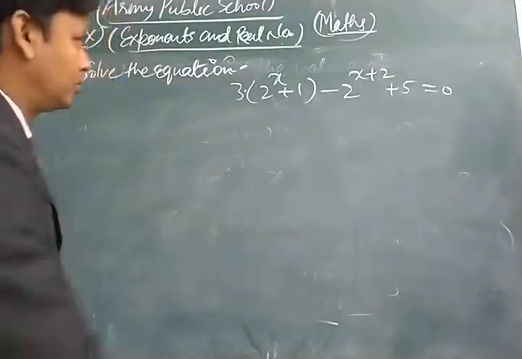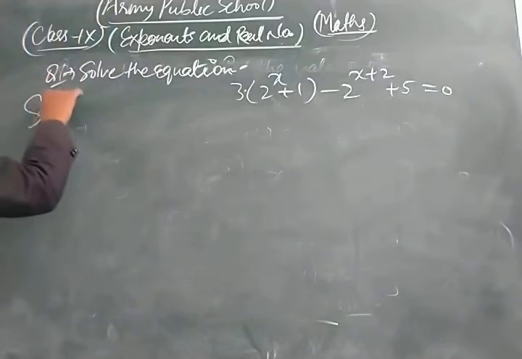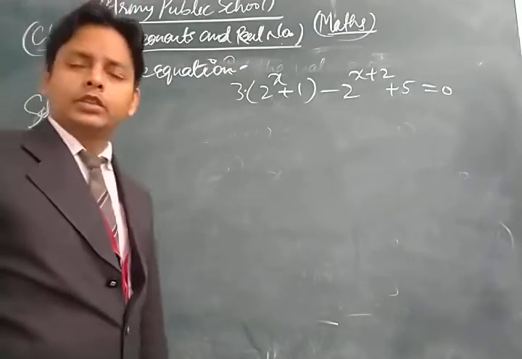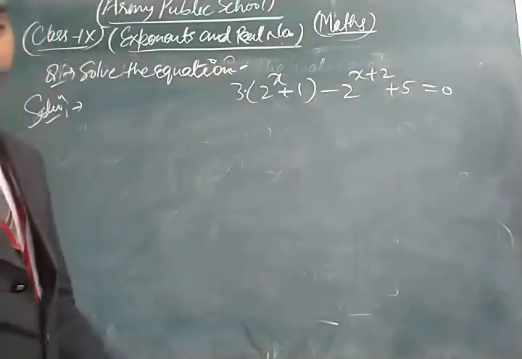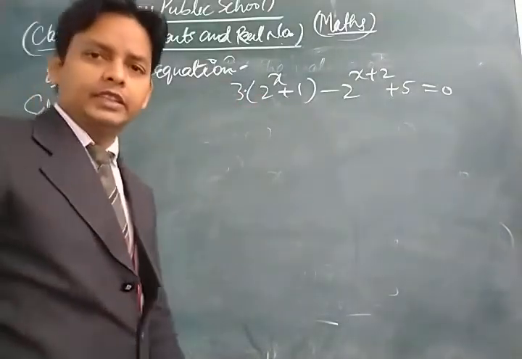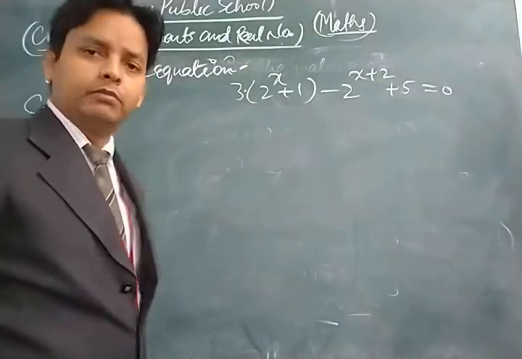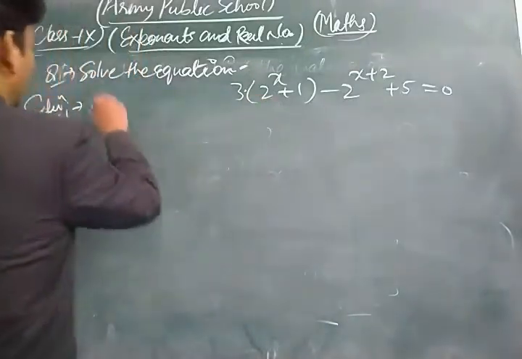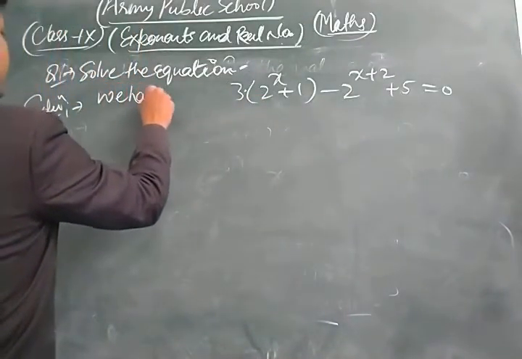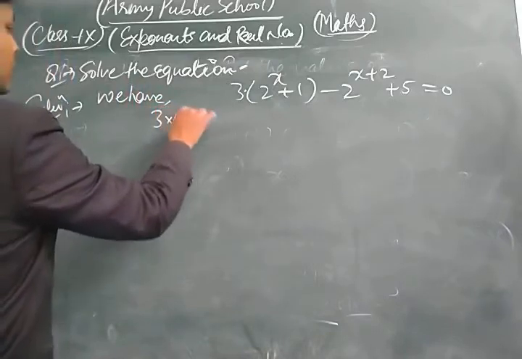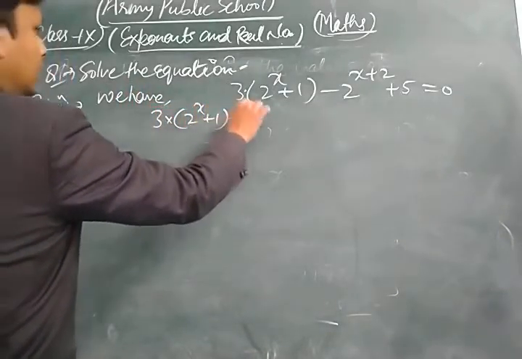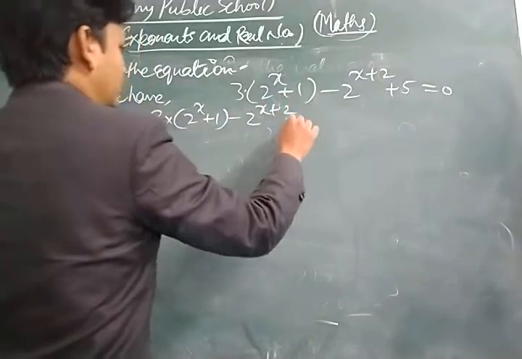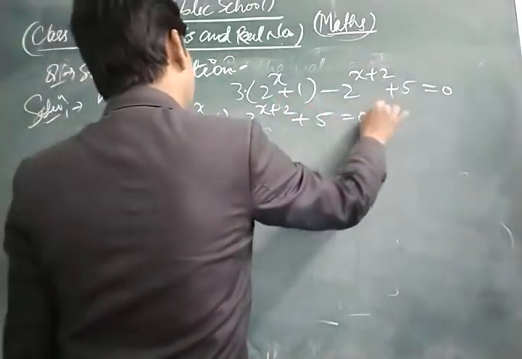Now let's see its solution. So first of all, we write the given equation and we simplify it. We multiply 3 in the bracket. So we have 3 into 2 power x plus 1 minus 2 power x plus 2 plus 5 is equal to 0.